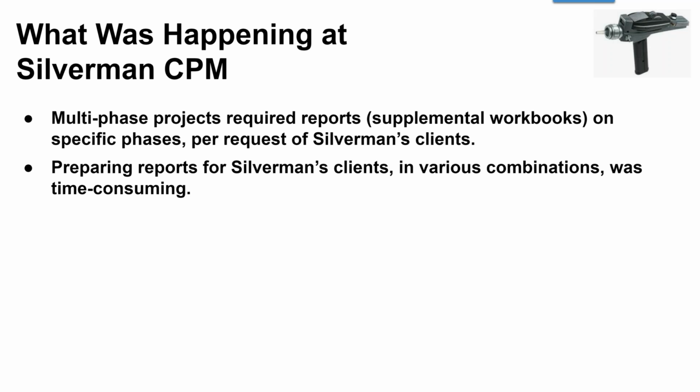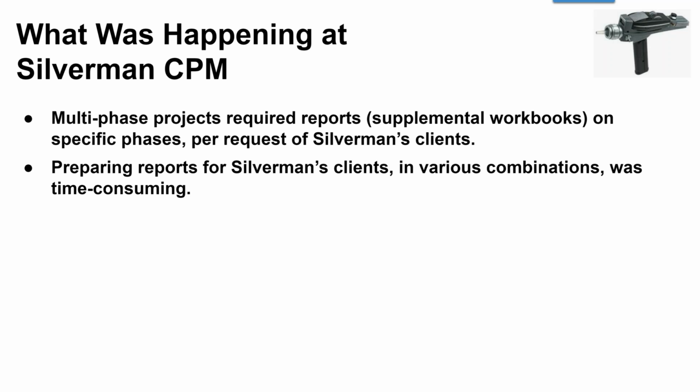But when the client asks for a mix and match, it often poses a challenge. What they've been doing up to this point is taking already produced reports and manually recompiling them into what the client is looking for.